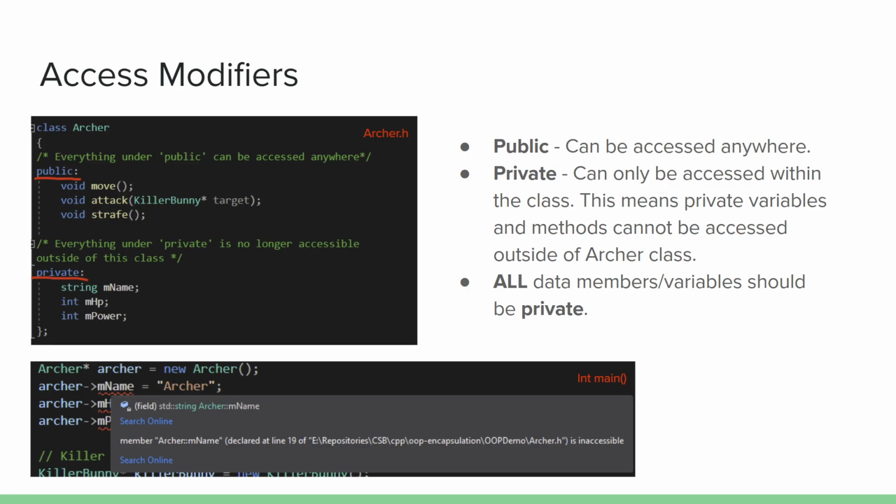So all data members or variables should be private. We do this so that we have full control of the variables. Questions, clarification about this part?